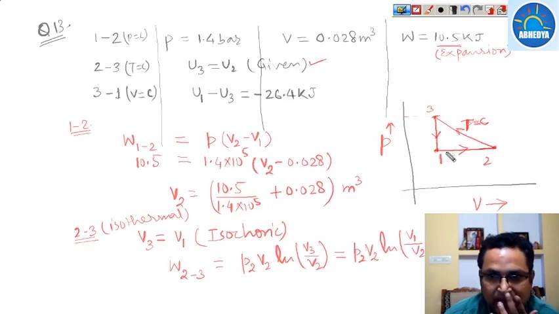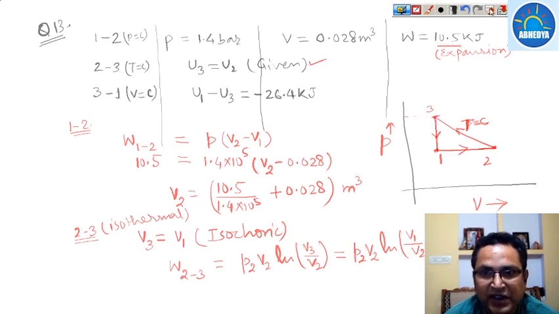So we have to calculate heat transfer for 1 to 2. It is given that U1 minus U3, delta U for all these processes will be equal to 0, and U2 and U3 is given.